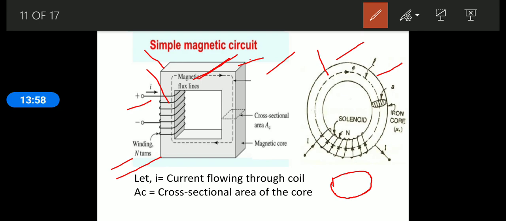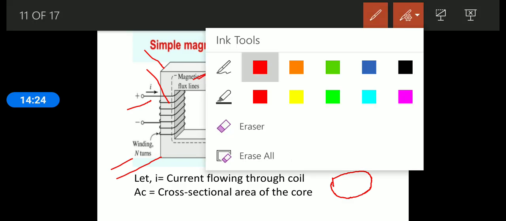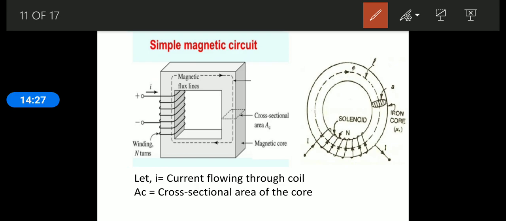Then I is the current flowing through the coil, and A_C is the cross sectional area of the core. The coil has n number of turns, and the magnetic flux is denoted by phi. That is the magnetic circuit. The magnetic circuit consists of the iron core, and on this iron core the coil is wound. The coil is made from copper.